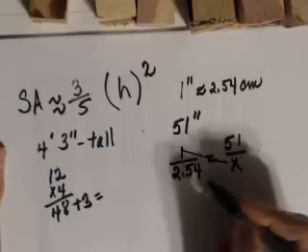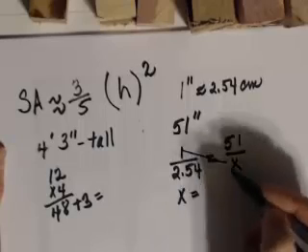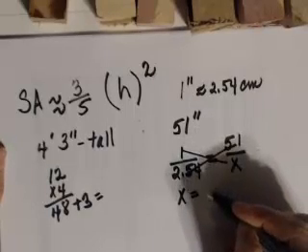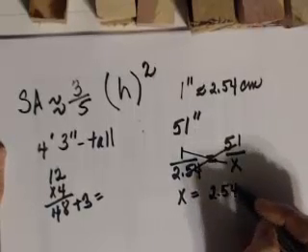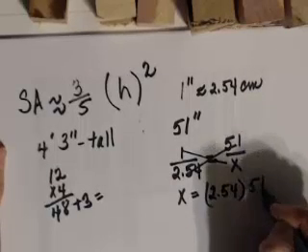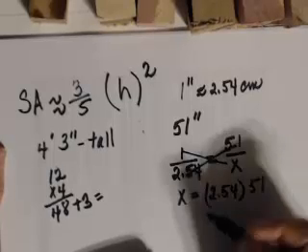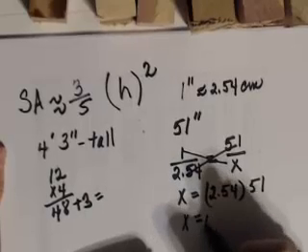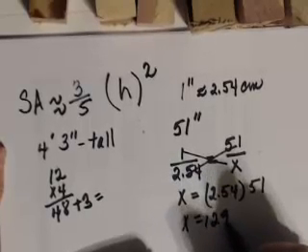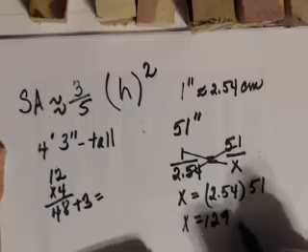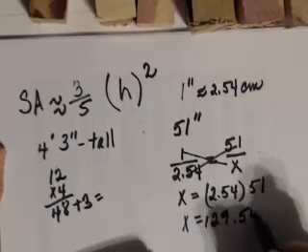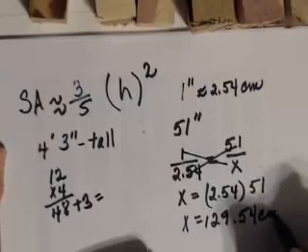So I do product of the extremes is equal to the product of the means. So this person would be 129 54/100 centimeters tall.